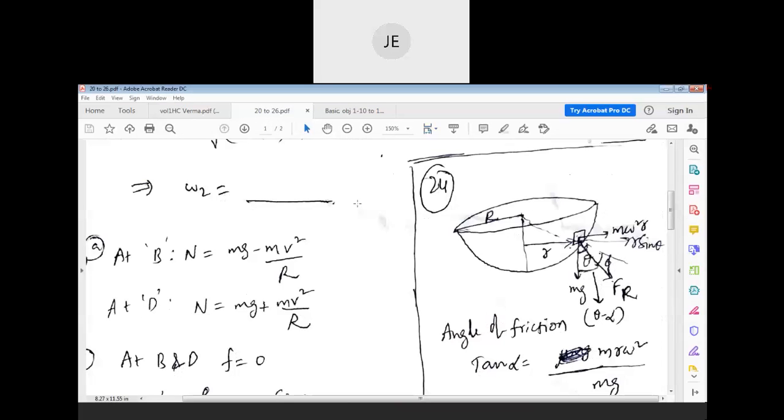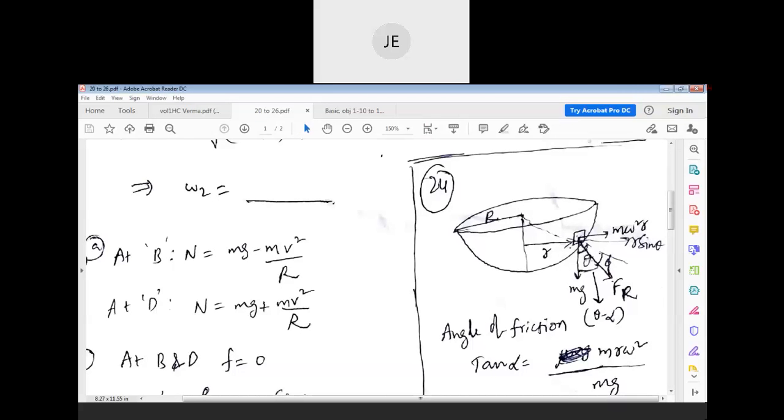So for minimum angular speed, see here, this is a block. Try to understand this free body diagram. mg downwards, m r omega square outwards, and the resultant of these two forces is some Fr, and Fr makes an angle phi with this radius, and this mg makes an angle theta with this radius.